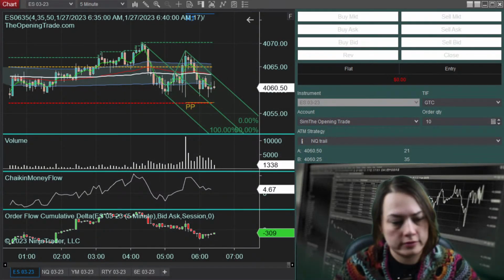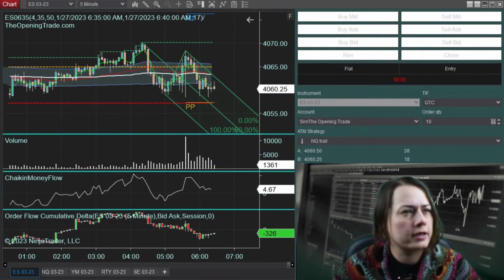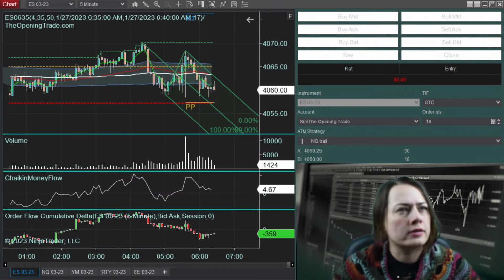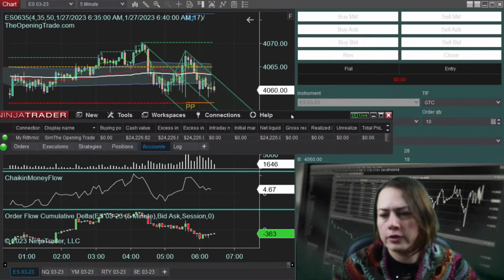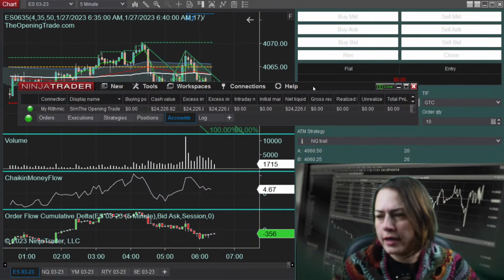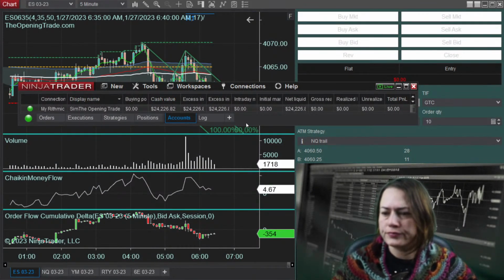Okay, let's take a look at our account balance. If you were watching yesterday, you saw that one of our trades fired in a different account. Since it is in simulation, we were able to put the trade in the right account to show the correct balance had it traded yesterday.